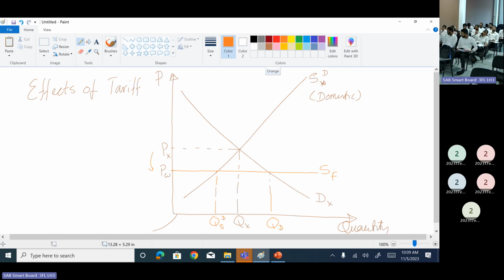The gap between local supply and demand is the amount we are going to import.